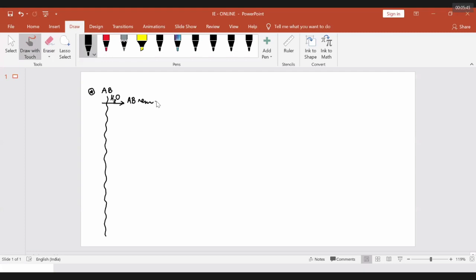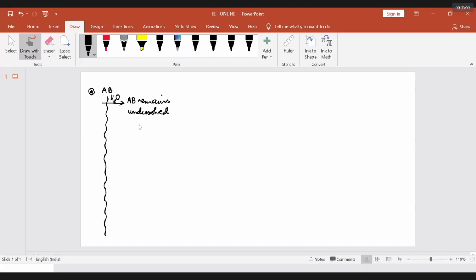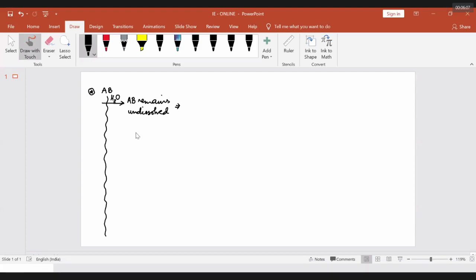remains undissolved in water. This is his observation, and on that basis I am trying to have some conclusion. AB remains undissolved in water means, go back to your lower classes, what teachers taught you: like dissolves like.